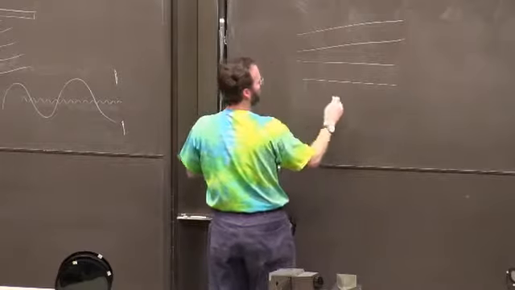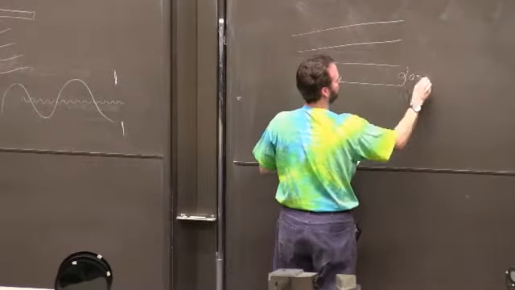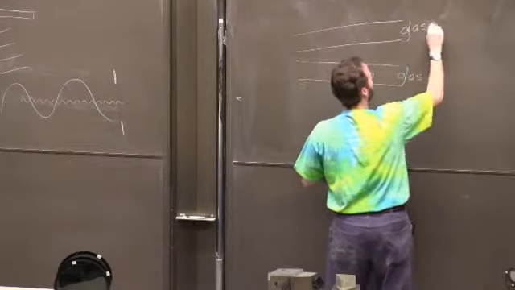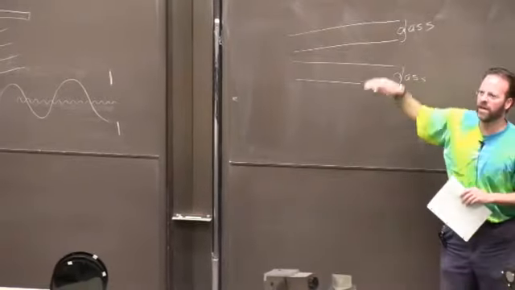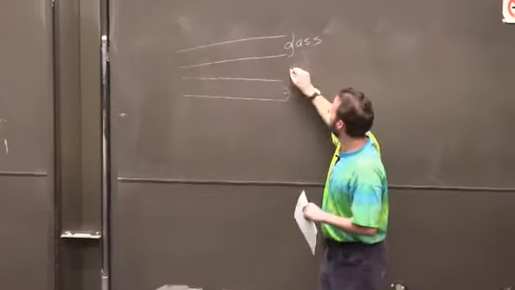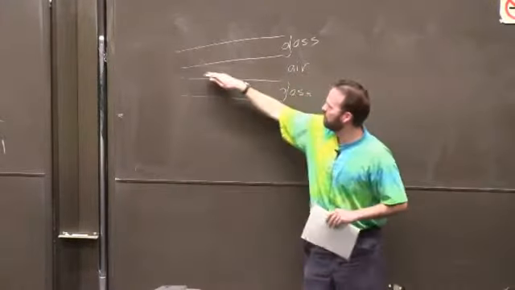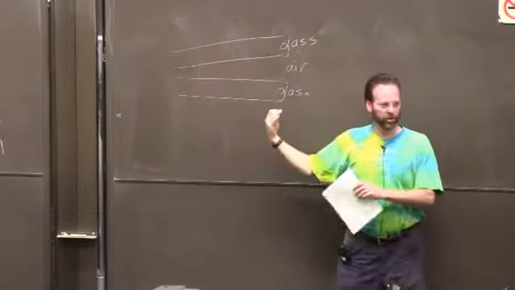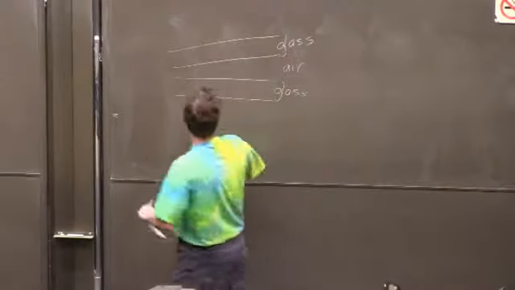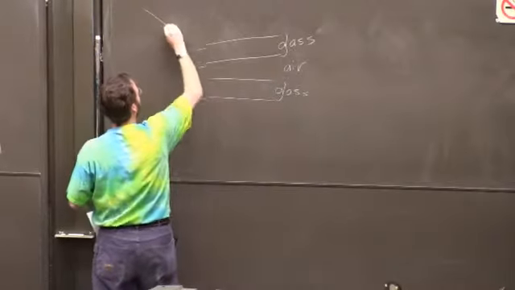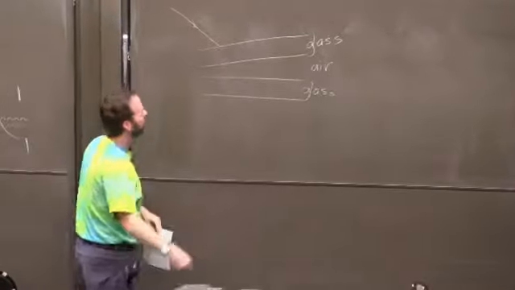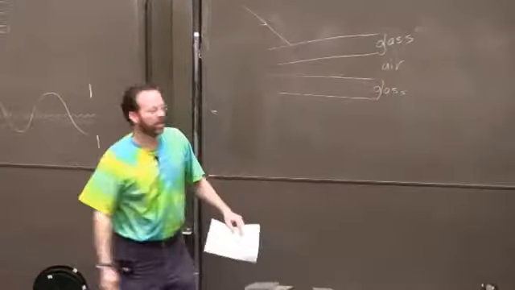All right, we're going to call this glass and this glass. So two pieces of glass with air in between. And this is really thin, so not drawn to scale. If a light ray comes in, like my laser, it follows the law of reflection.